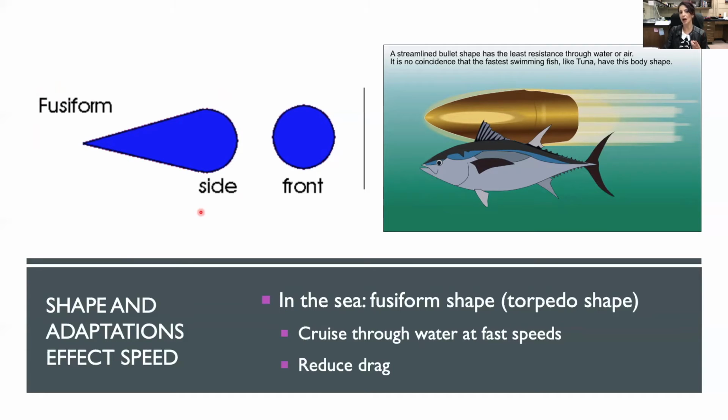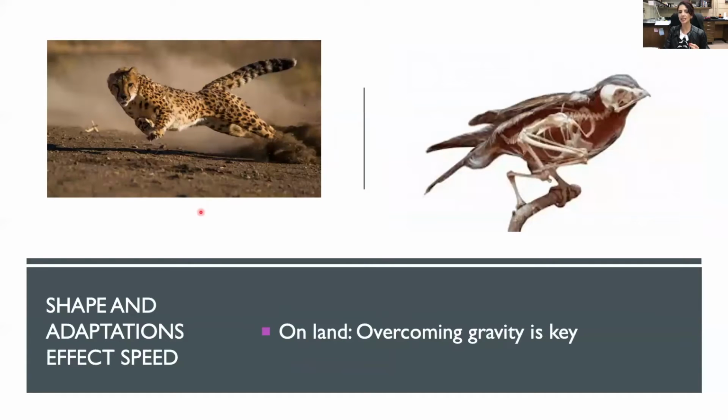On land, however, drag is not really that big of an issue. Instead, land animals have to overcome gravity. The thing is usually not drag, it is gravity. So for example, most adaptations for birds are for flying through the air. It's not drag that they're trying to overcome, it's gravity that they're trying to overcome.